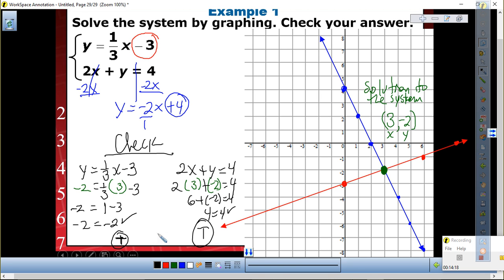So, let's think about the entire process. Here we go. Look up to the screen. We started with a system of linear equations. Think about the first step. Tell your neighbor, what was the first step to solve the system? What is the first step?